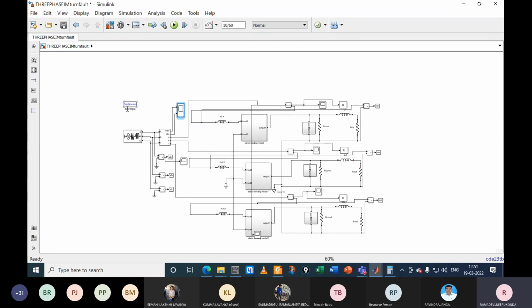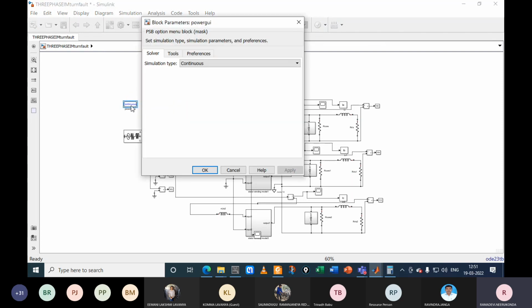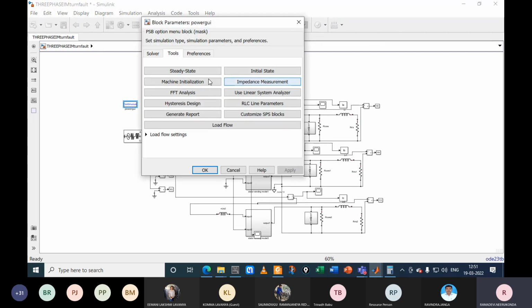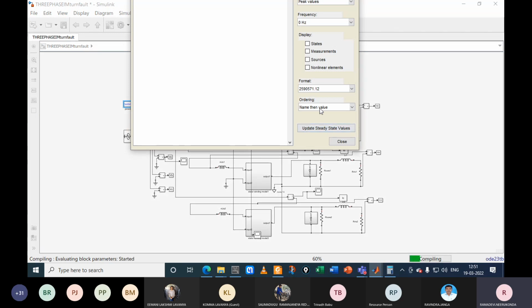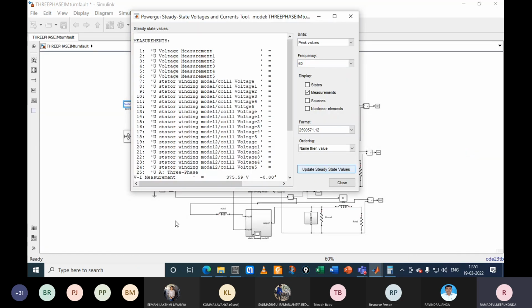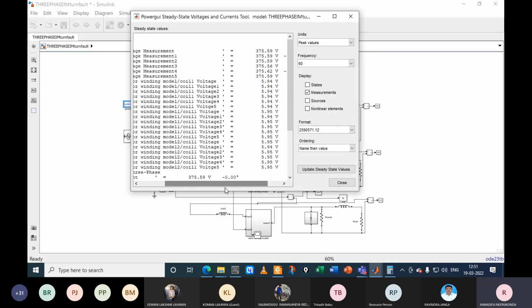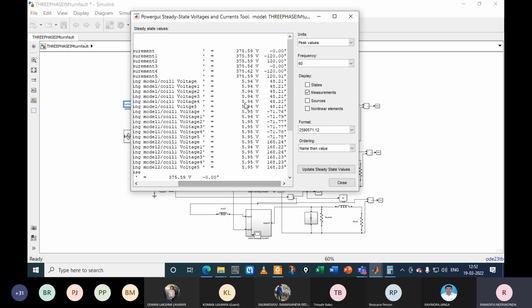So here the power GUI is there. Based on that power GUI, we can see what the steady state values are. So we observe the steady state values corresponding to the power GUI before the fault. So here it's given as the measurement values corresponding to the system.